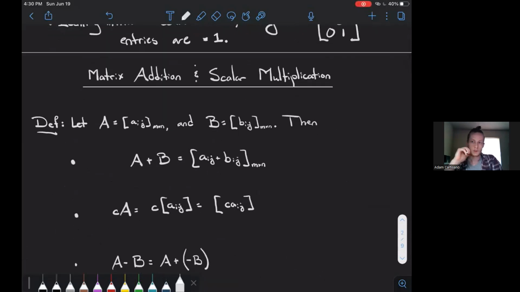Now, just like vectors were sort of generalizations of numbers, right? Numbers can be added and multiplied. And then we defined, okay, well, a vector is like a string of numbers that can be added and multiplied. And notice a vector of length 1 is literally just a number, and it has all the properties of numbers, right?